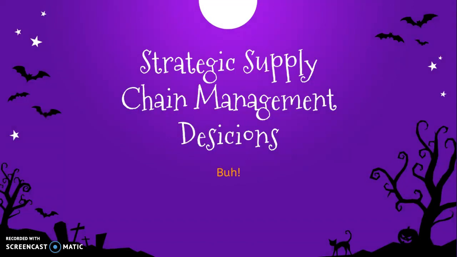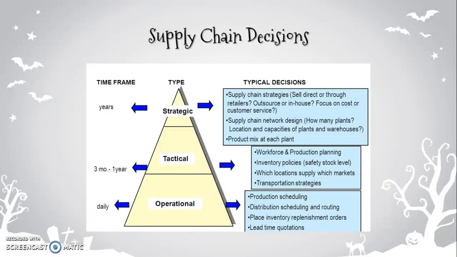So, strategic supply chain management decisions. Why is it important to make these decisions? There are different kinds, as you see here in the pyramid. We have the operational ones, which are the daily operations, and they are the ones that actually show what your type of strategy is, which you can see at the top.